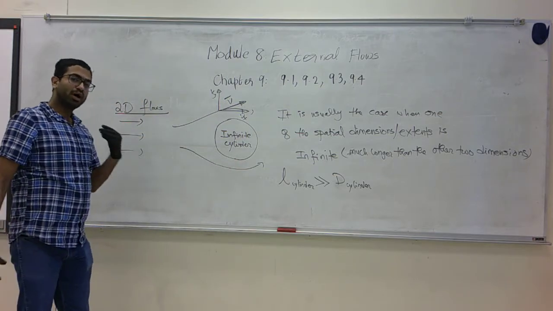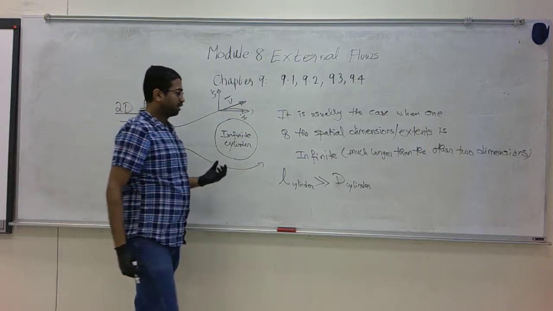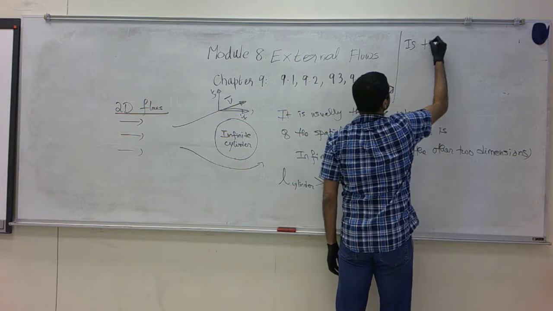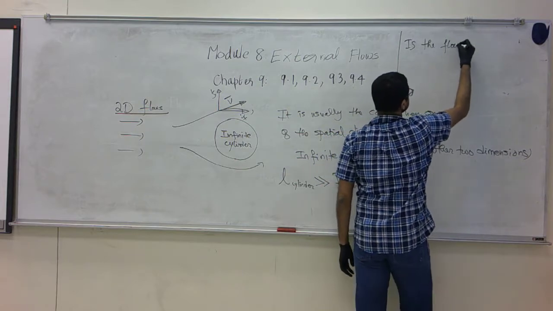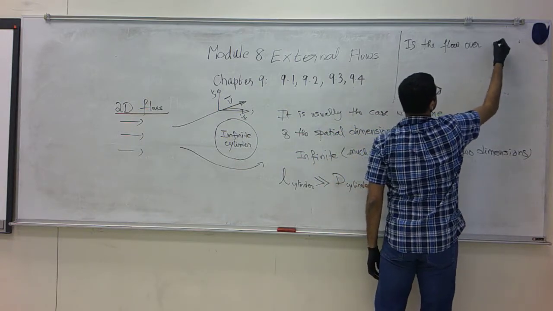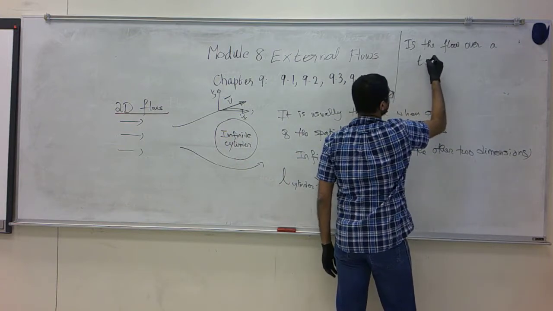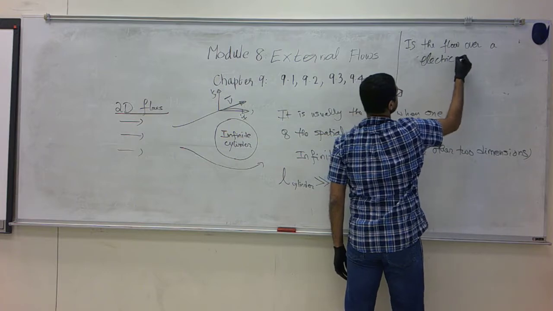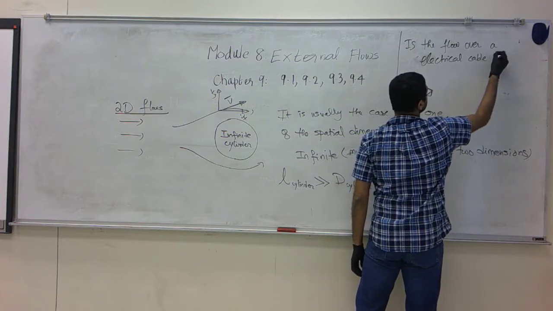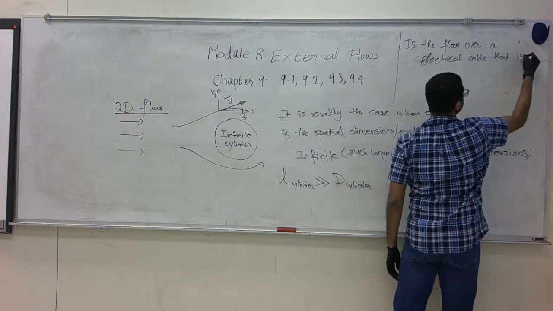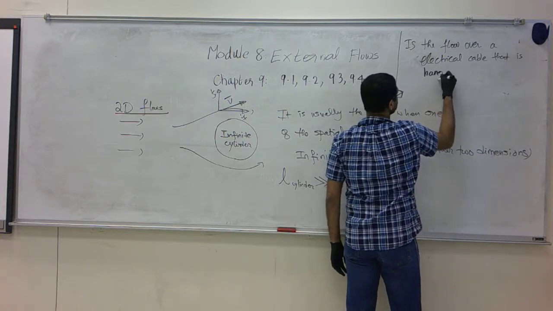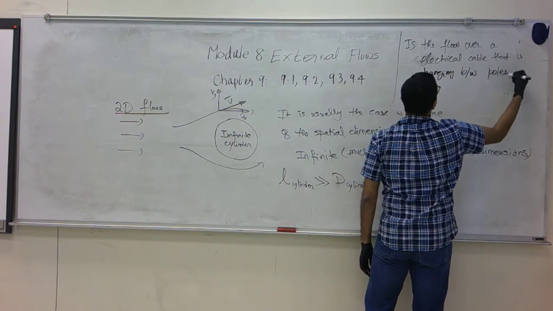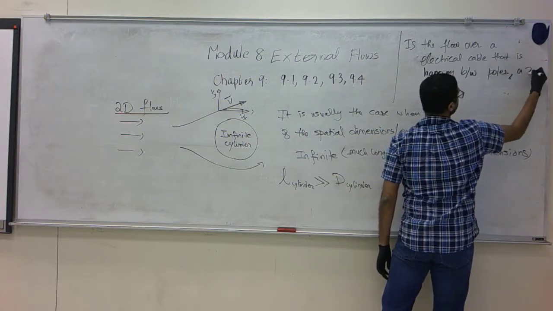So if I were to cautiously ask this question, is the flow over a telephone wire or an electrical cable that is hanging between poles a 2D flow?